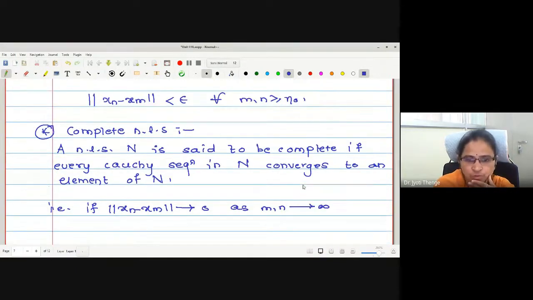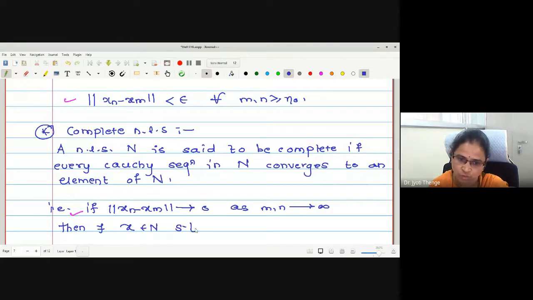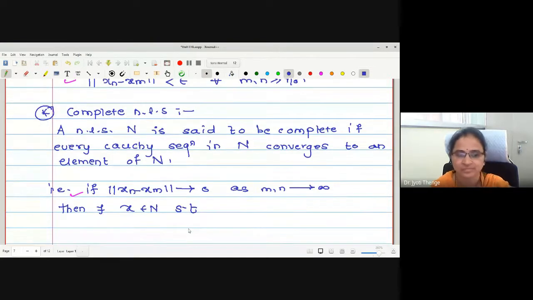You can relate these two statements very clearly, that both have the same meaning. Either I can write norm less than epsilon, or norm tends to 0 as m, n tends to infinity. Then there exists x in N such that norm of x_n minus x tends to 0 as n tends to infinity.